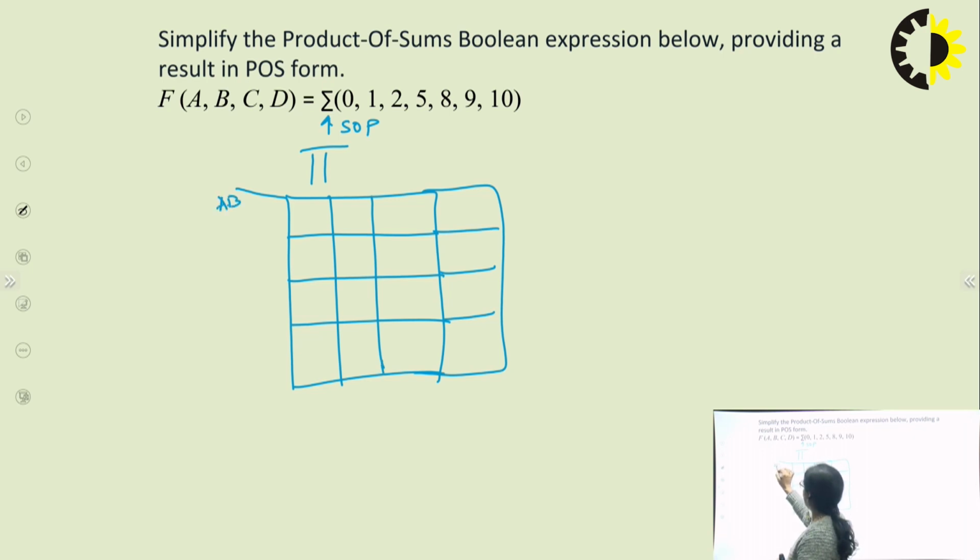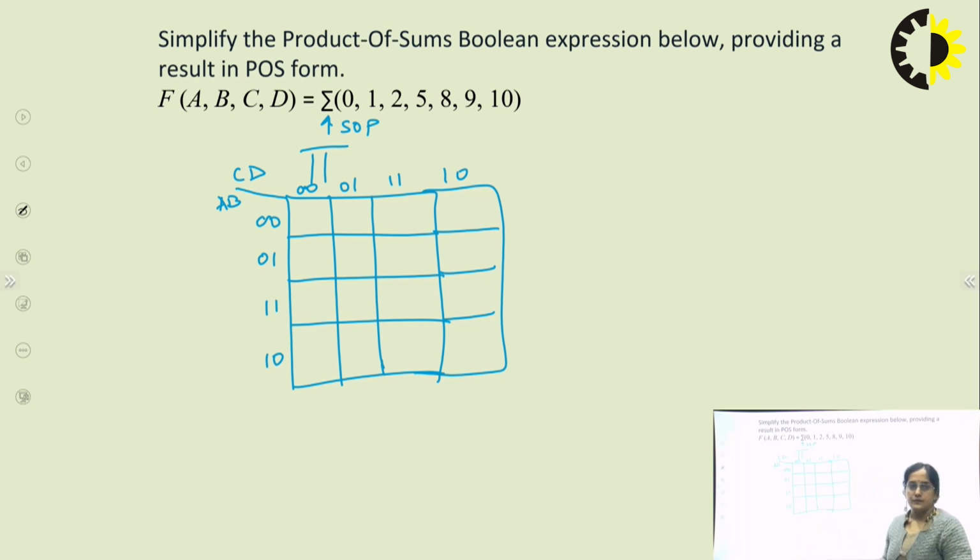So A, B, C, D, with 00, 01, 11, 10 on both axes. We will name the cells 0, 1, 3, 2, 4, 5, 7, 6, 12, 13, 15, 14, 8, 9, 11, 10.